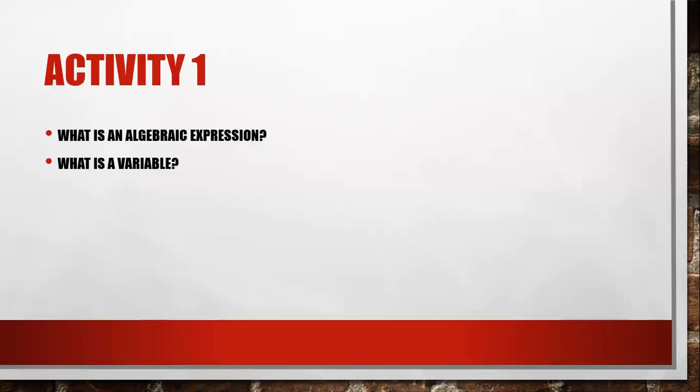Okay, that is good, Krista. Thank you. Anyone else with a different idea? Teacher, I also think a variable is a letter or a noun that represents a real number. Okay, that is good.